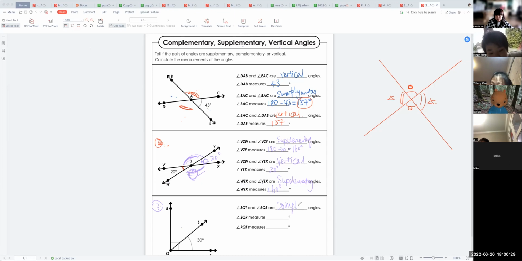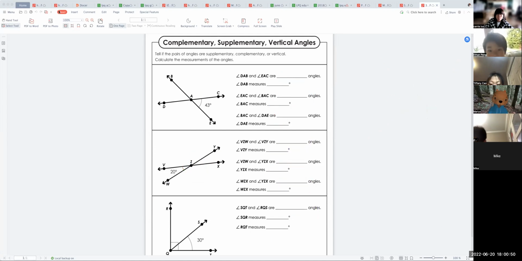So SQR equals 90 minus 30 equals 60 degrees. RQT is 90 degrees because they are a right angle. Got it, everybody? Okay. So I guess you understood, everybody?